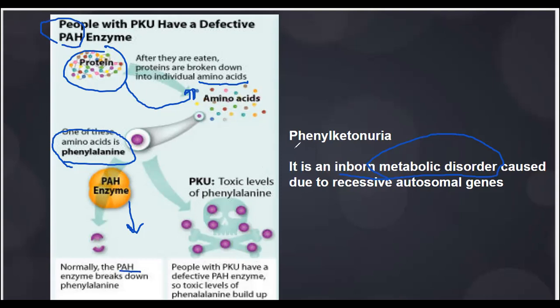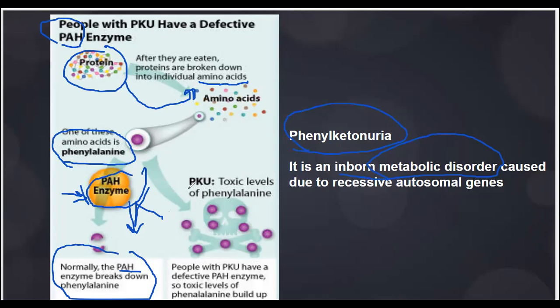But if the person has phenylketonuria, this enzyme is not working, or not functional. The enzyme that is formed genetically is not the normal enzyme, but an abnormal enzyme. Either the function will be prevented or the shape of the enzyme will be different, and it will not be able to carry out its normal function of breaking down the amino acid.